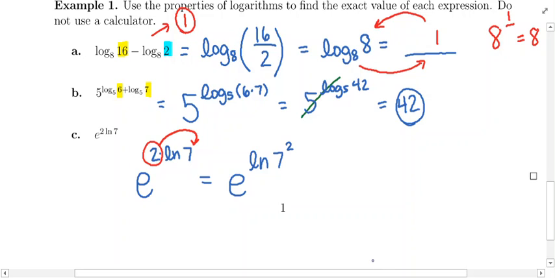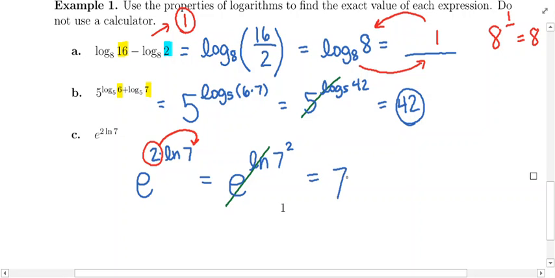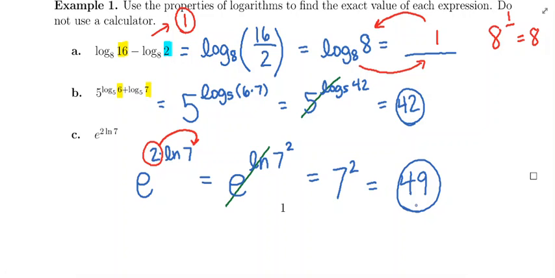Now e and ln are side by side. They cancel. The 7 squared comes down as the number, and so the answer here is 49. At first glance it may look like it's 14, but if you correctly apply the properties of logarithms, the correct answer here is 49.